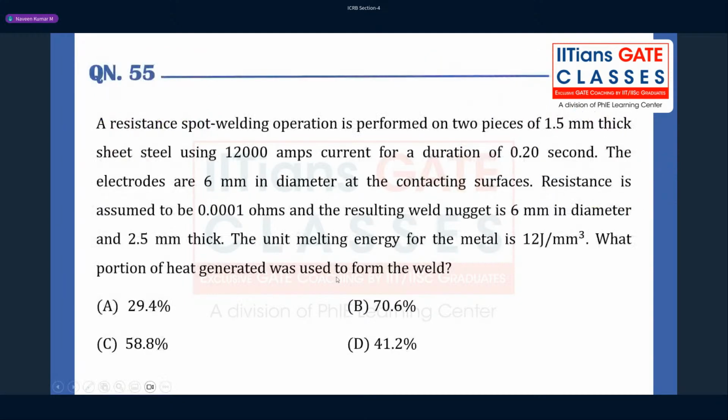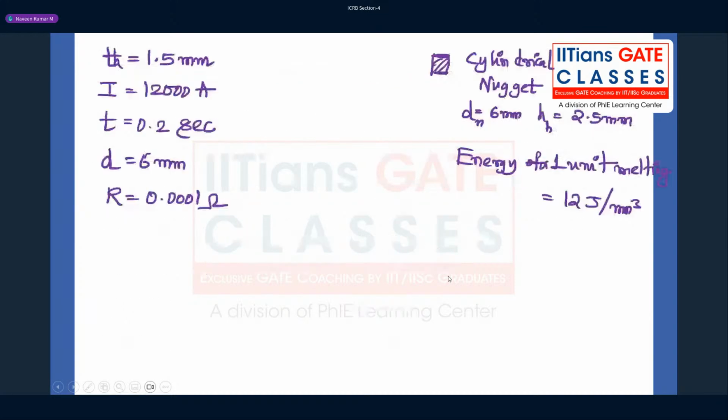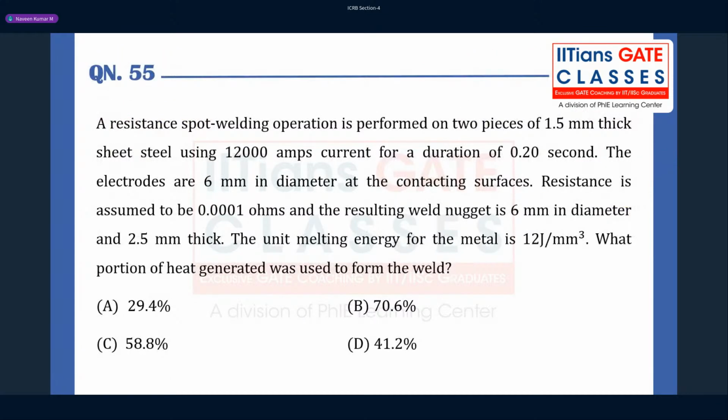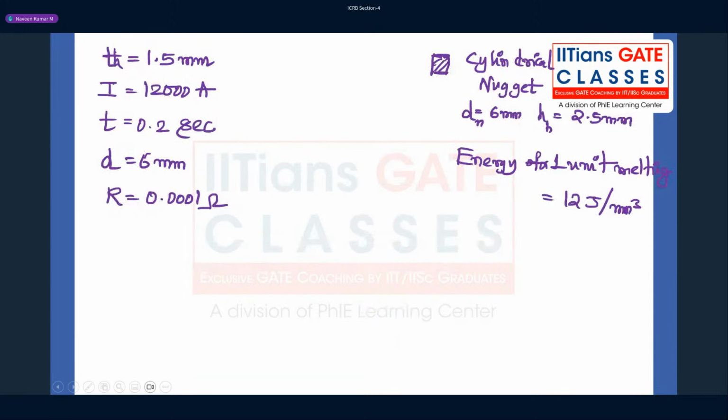What portion of the heat generated was used to form the weld? They're asking for the heating efficiency. You have provided some input, and the energy will not completely go into the weld. The heat required will be for the melting that forms this nugget, whatever the size of the nugget, because of the input that you have given.